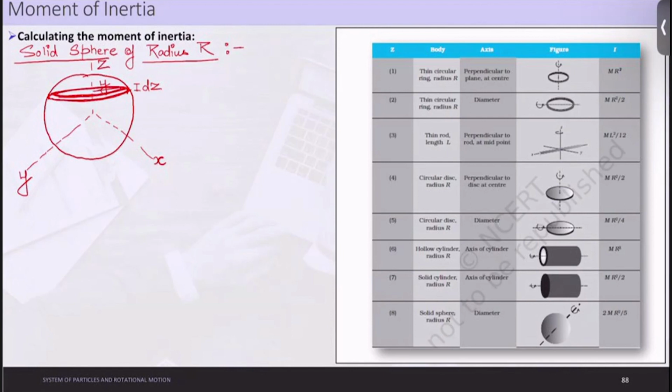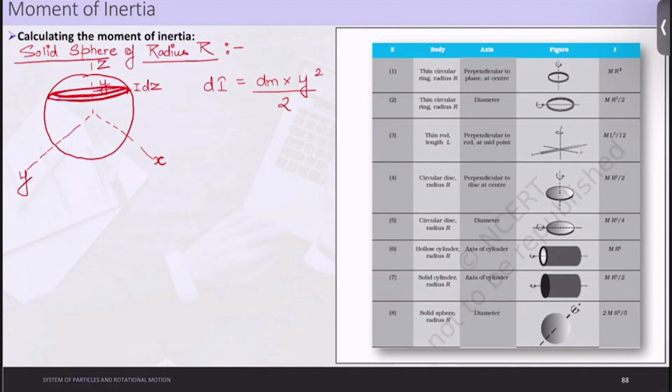Now let me just write it. So what will be your dI? Your dI will be nothing but dm into, what will be the radius? The radius will be y, so y square by 2, right? So mr square by 2.